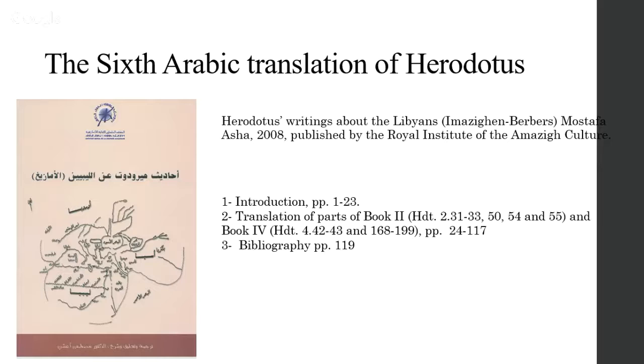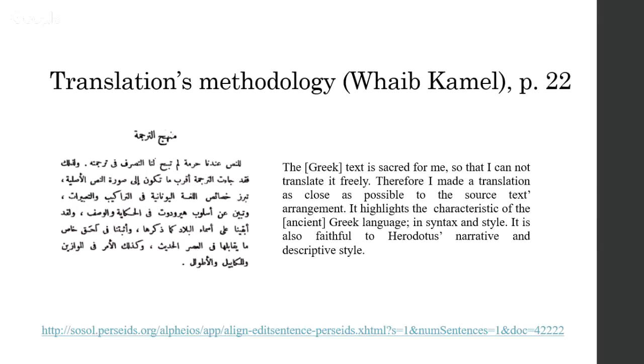And so these are the six translations of Herodotus in Arabic, and I will go back to the first translation because the translator, on page 22, has said something about his methodology, his strategy, his way of approaching the source text.